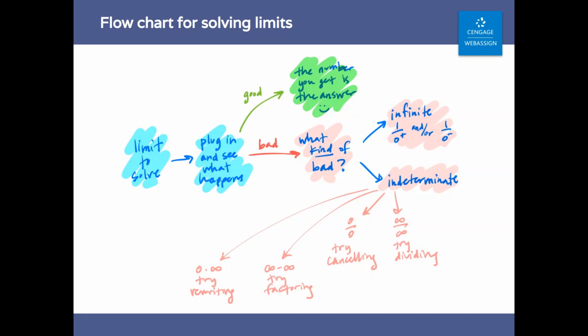When there's 0 times infinity, that's an interesting one. Oh, that's not what I meant to write at all. How can one thing come out of my mouth and the other thing come out of my hand? 0 times infinity is like 0 times 1/0, but it's also kind of like 1/infinity times infinity, right?